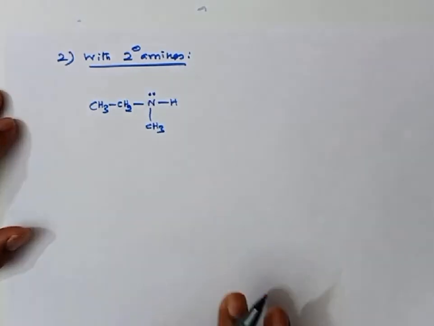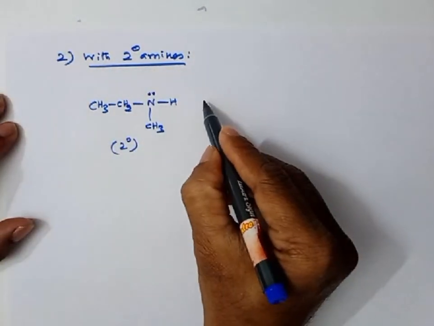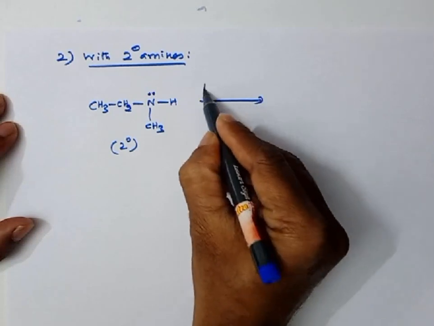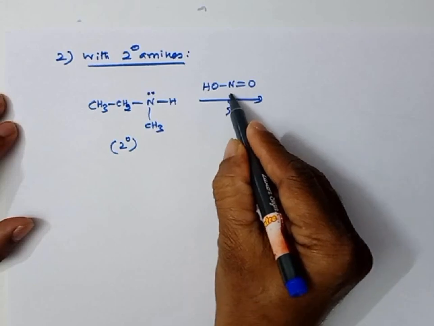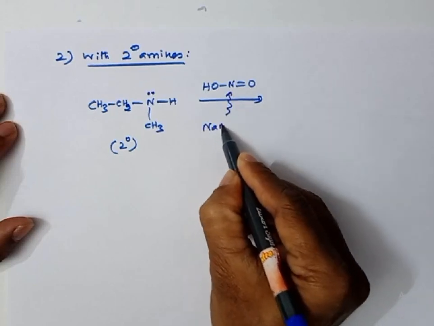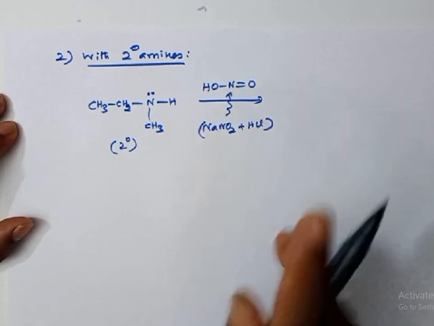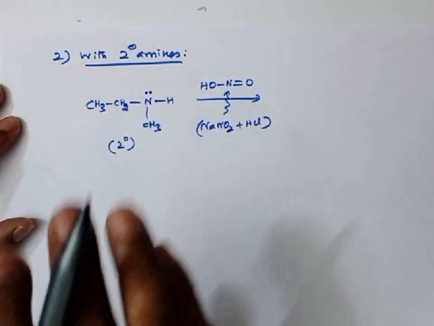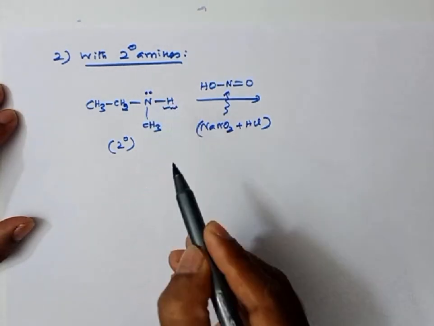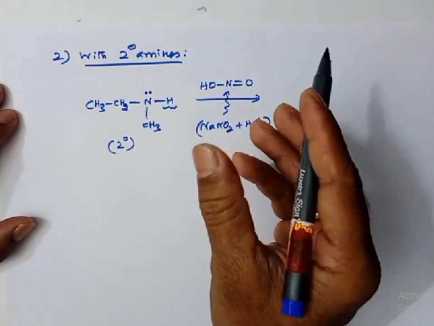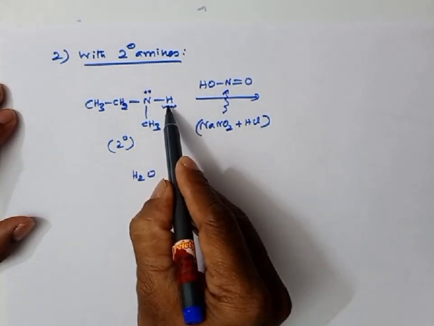I took an aliphatic 2-degree amine, secondary amine. Now to this, if I add nitrous acid, HO-NO, and you know very well how to get this by mixing sodium nitrite and HCl. If I mix these two, I'll get this. Now how will it react? Listen, students. Now this nitrogen has only one hydrogen. To eliminate water, H2O, we have one hydrogen here.